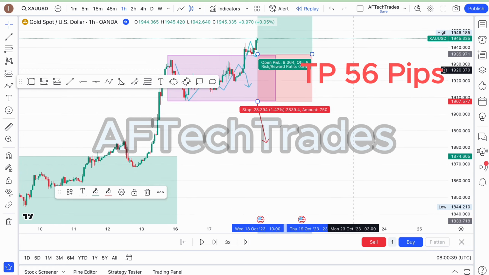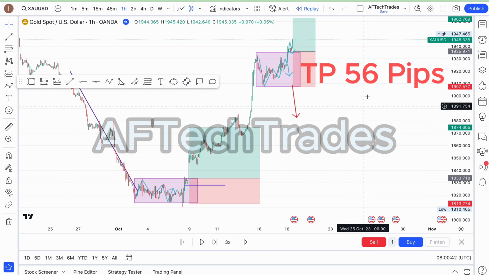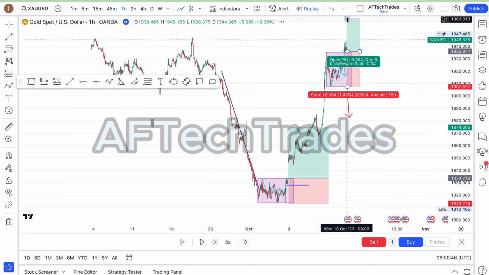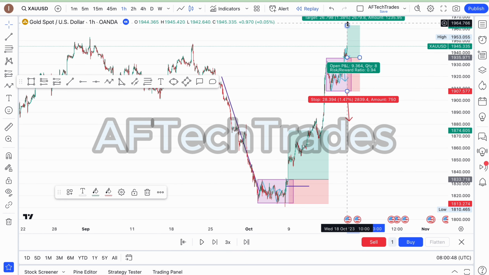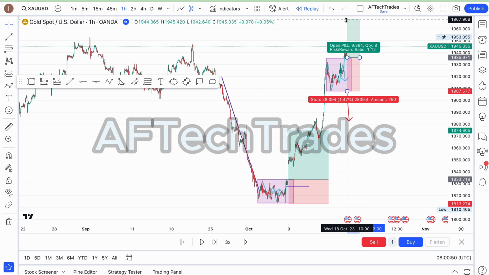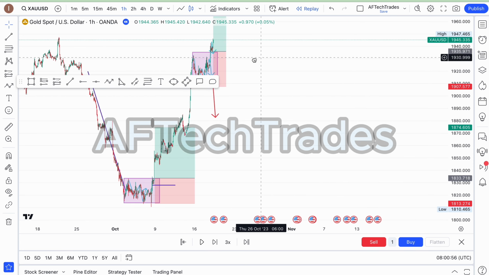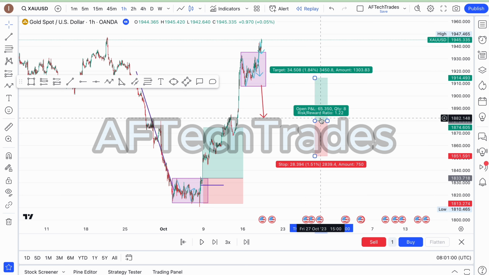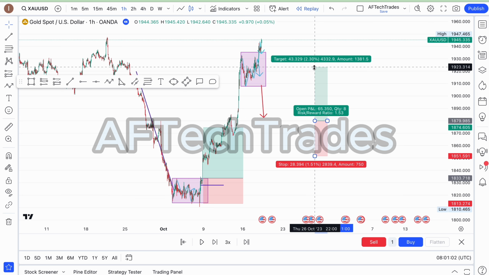Let me minimize this so that I can get the exact level. We said 56 pips, right? I can't see the screen very well, so I'll draw the 56 pips here and then take it there.